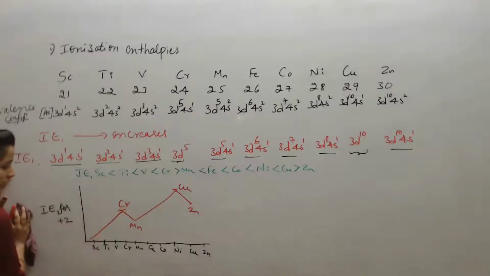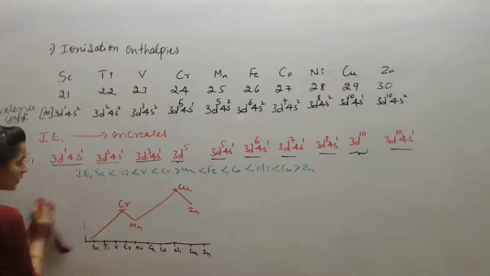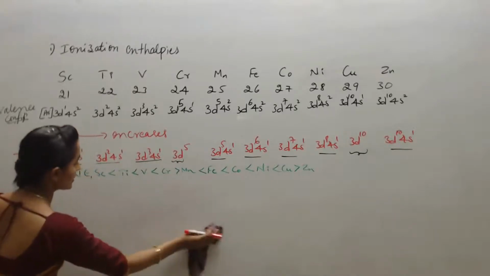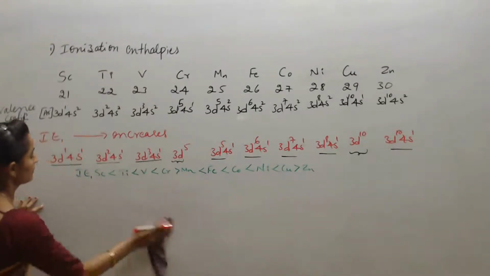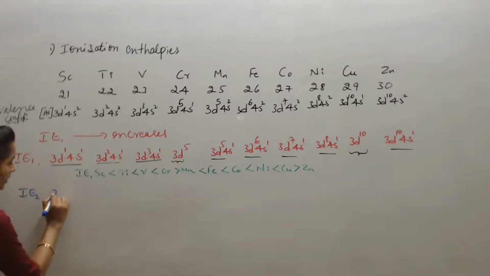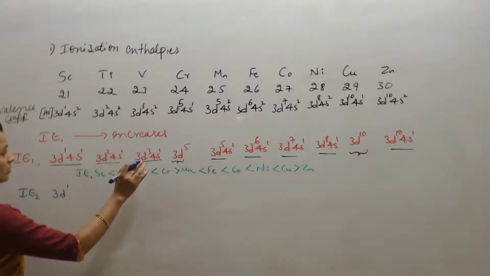Okay, so this is a graph. Next one is third ionization energy, that is IE3. So students, I will write after IE2, the electronic configuration is 3d1 because this electron is also left.